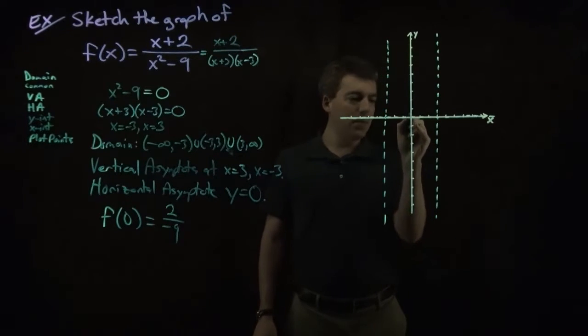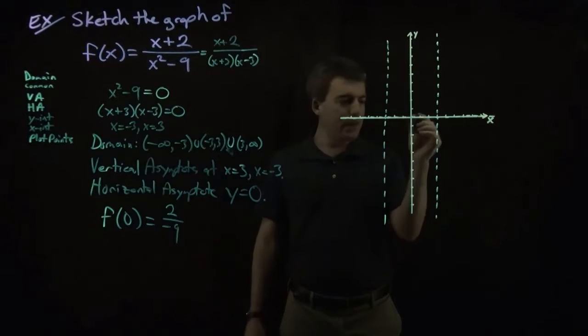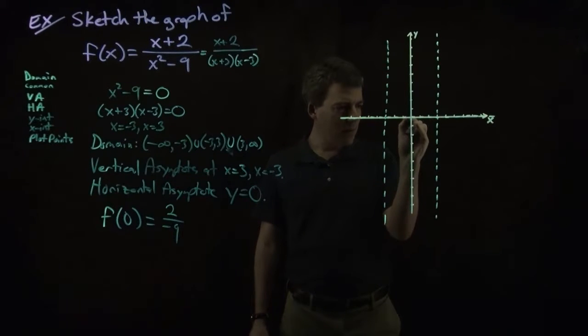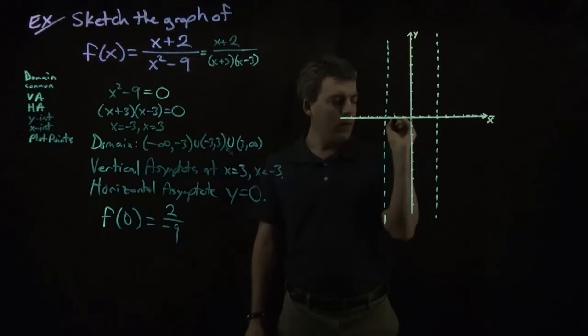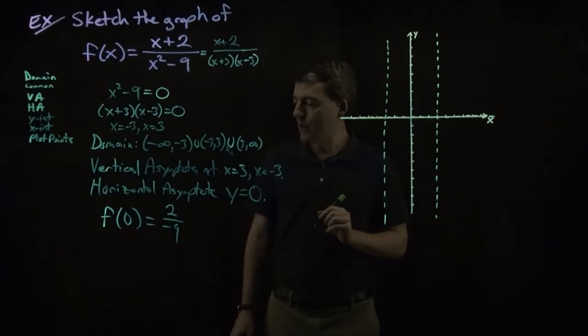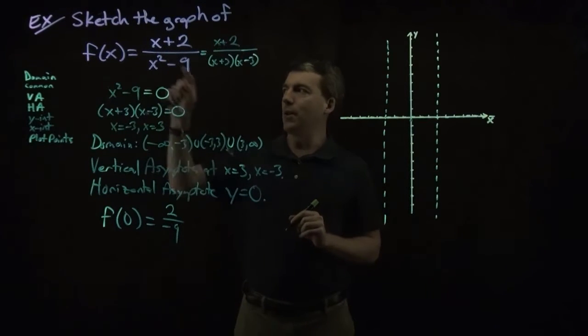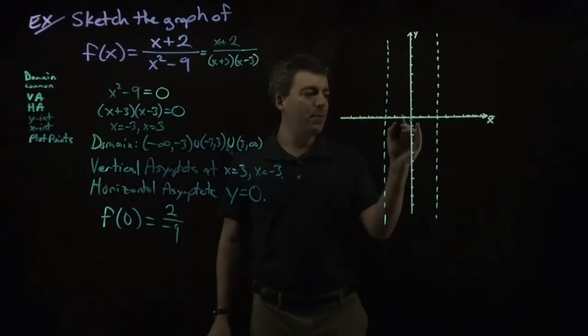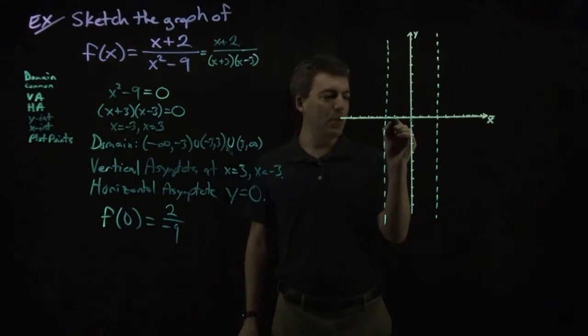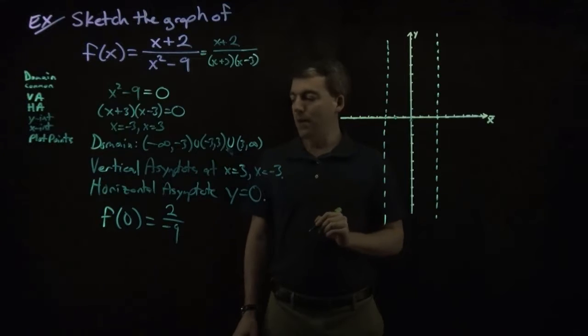That's almost a quarter negative. So I'll put the dot right about here. So there's the y-intercept. Any x-intercepts would be where the numerator equals 0. You can see that at negative 2. So there's another point on the graph.